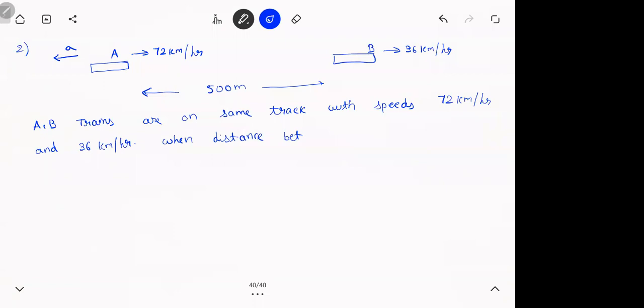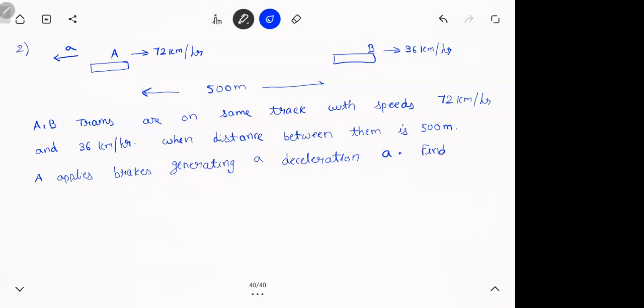The A guy will see the train is going pretty fast, so he will start applying brakes. When the distance between them is 500 meters, that is almost half a kilometer, A applies brakes, generating a deceleration. So the question is, find the minimum deceleration A to avoid collision.